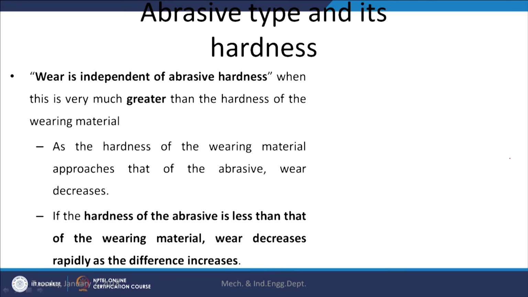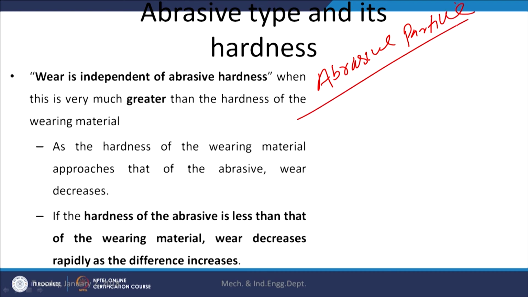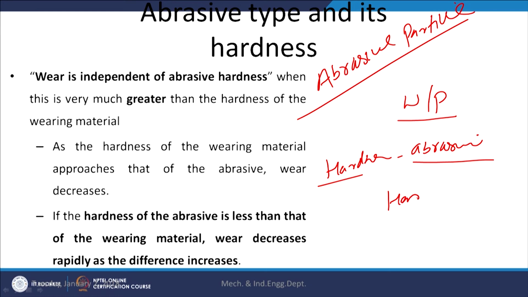Now coming to the parameters which are related to the abrasive particle characteristics. Abrasive particles are normally harder than the workpiece material surfaces, but they can be softer also. So, with respect to the workpiece material, the hardness of the abrasive is used to define the abrasives as hard or soft abrasives.